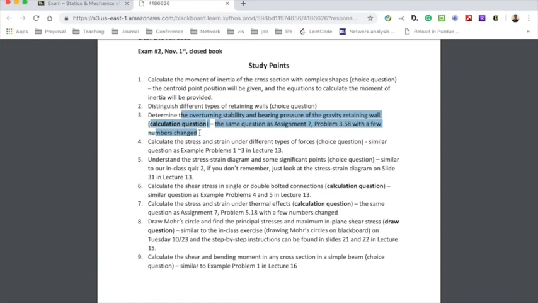You need to select the corresponding values into the equation. The second calculation question is to calculate the shear stress in single or double bolted connections. That's a similar question to example problems 4 and 5 in lecture 13.